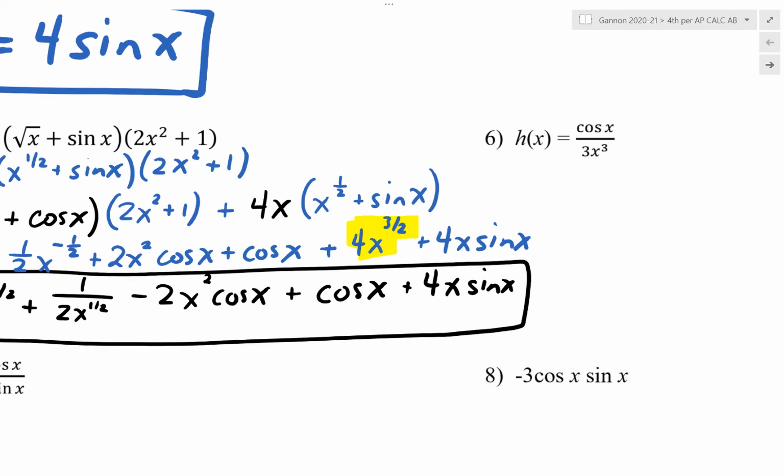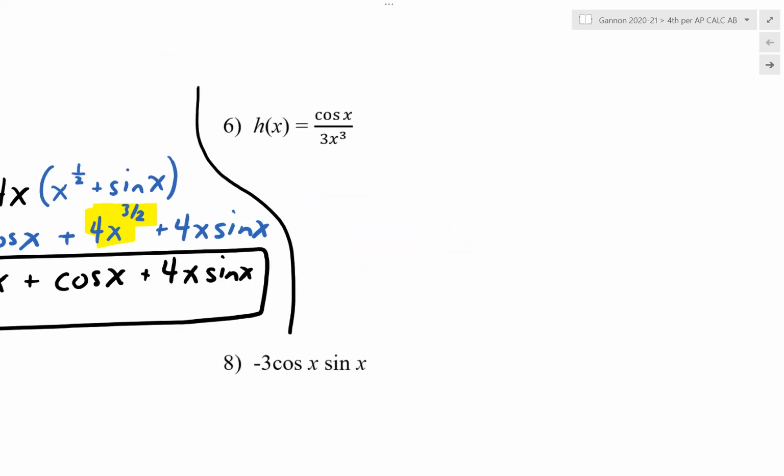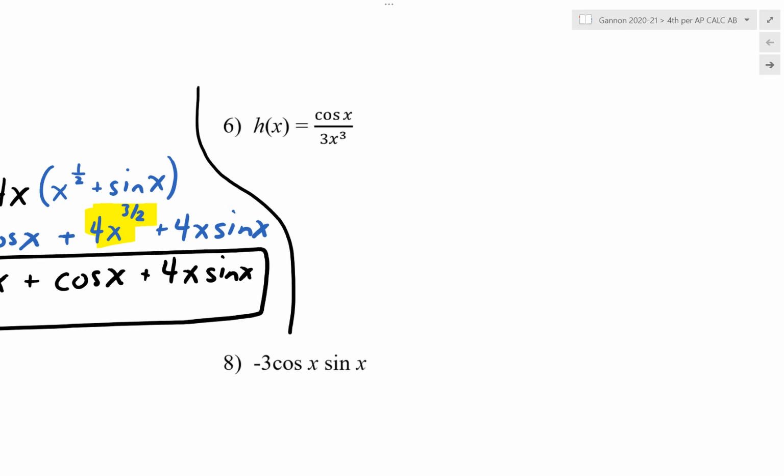All right, let's keep moving. We'll take a look at number 6. So we have h of x is equal to cosine of x over 3x cubed. So at that point, we are going to have to use the quotient rule because we have cosine of x divided by 3x cubed, a function divided by a function. So h prime of x is going to be the derivative of the numerator.